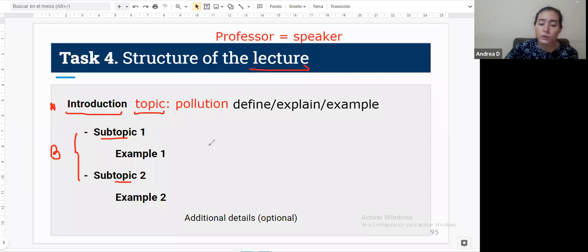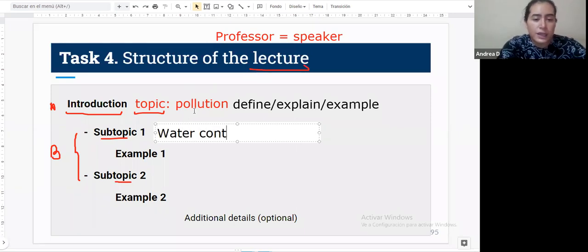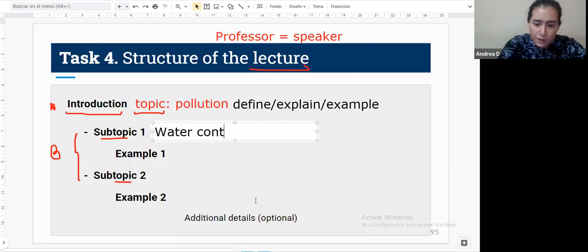If we're talking about pollution, maybe you have 2 causes of pollution, 2 effects of pollution, 2 definitions of the word pollution, 2 studies that prove pollution, maybe 2 types of pollution, okay? Anything at all. Let's say that you have 2 types. The first type is going to be water contamination, and the second type will be, let's make it red, air pollution. Okay, I'm just making it up.